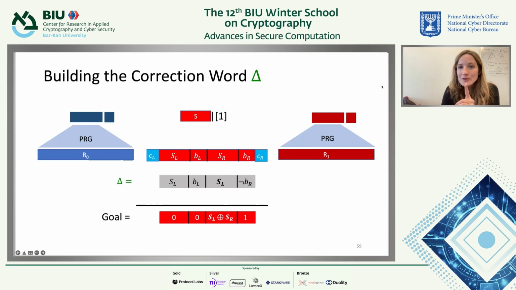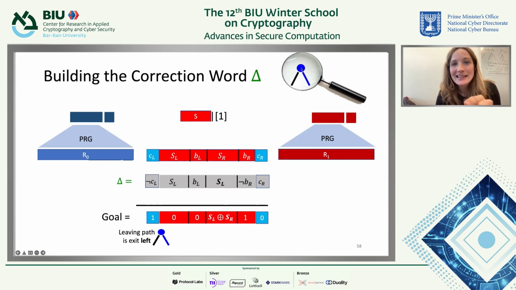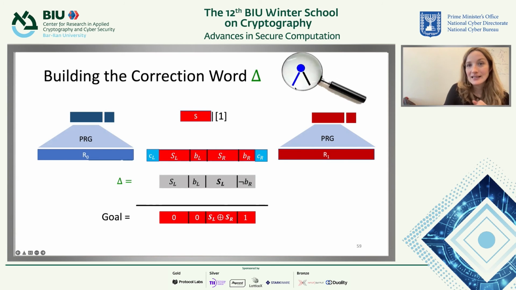Okay, suppose now I'm looking at a different case. Note what is the difference here? The case we just handled was the one where the special path goes to the right and off the path is to the left. Now we actually don't have symmetry because I've got this less-than that I want to enforce. So it's a slightly different case when the special path goes left, and now going off the path is going to the right. I similarly get some extra strings here. The difference is in the goal.